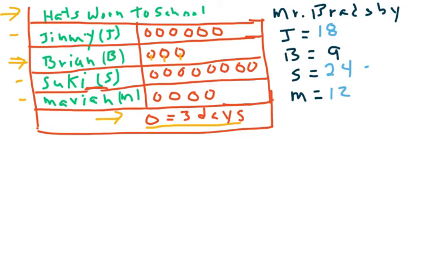Okay, she has the most, doesn't she? See the information? You just look at the graph and see that Suki wore the hat more than anybody else, and Brian wore the least number of hats. Well, and Mariah has 4 hats, or 12 days. So those are the days that each of these wore hats.